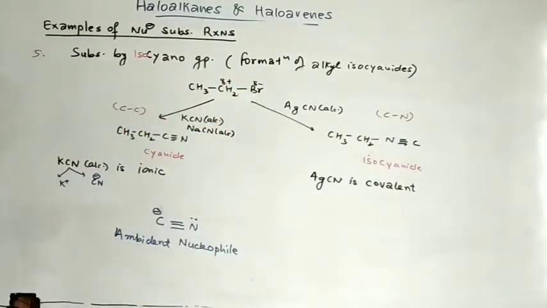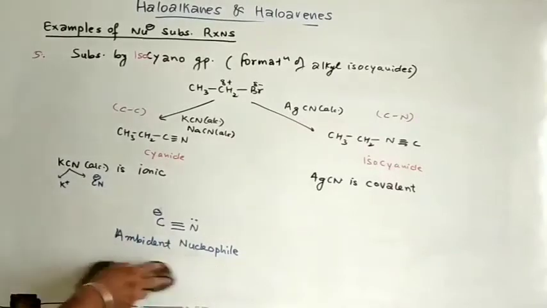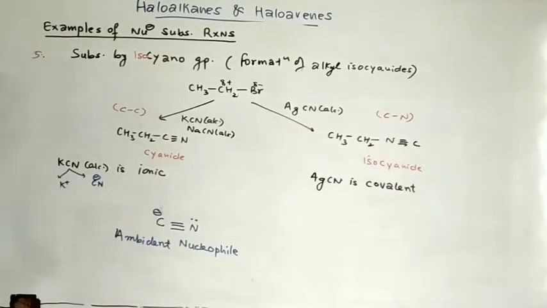Any species which can attack through more than one atom is called an ambident nucleophile. Like OH negative ion cannot do this. OH negative ion can attack only through the oxygen, not through hydrogen. So only one atom is there, that is a nucleophilic atom, oxygen. But in this case, there are two atoms through which it can attack.